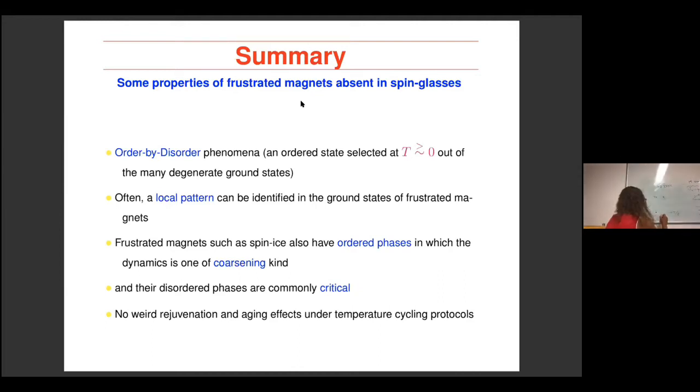So you will be able to identify a growing length, R of t, depending on the control parameters. And the form of this R was also studied by Villain, who did lots of things, Jacques Villain. And he, well, first of all, argued that this should go like a log of t over some time scale, possibly with some exponent here, and with a prefactor here, which depends on the parameters.